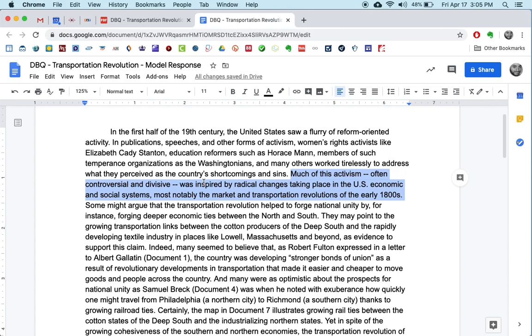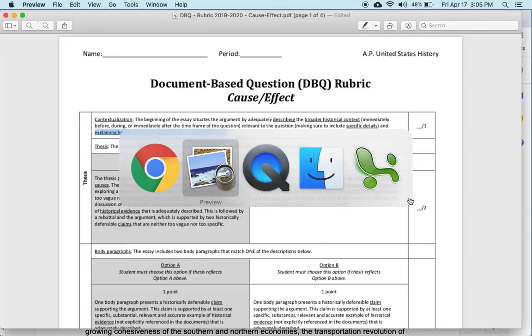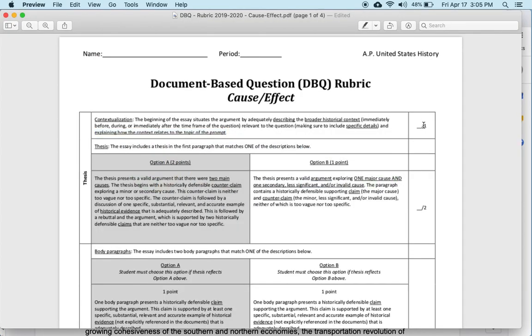All the many ways that the transportation revolution and the market revolution that we've talked about, the industrialization that came with that, really led to a great deal of economic and social transformations that made people want to make America even better. And so these reforms were inspired by these radical changes. And so that's where I connected to the transportation revolution. Having done that, I get my point right here for contextualization.